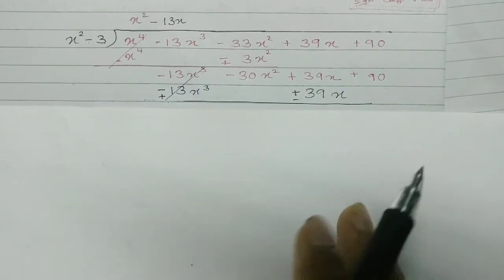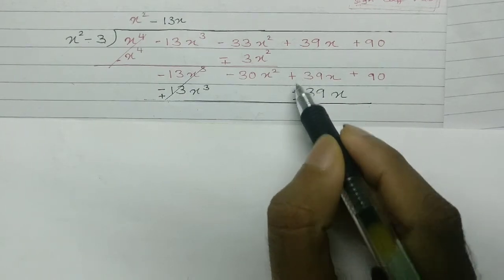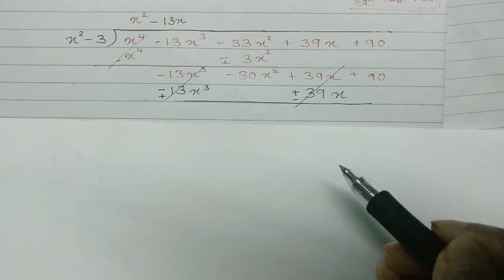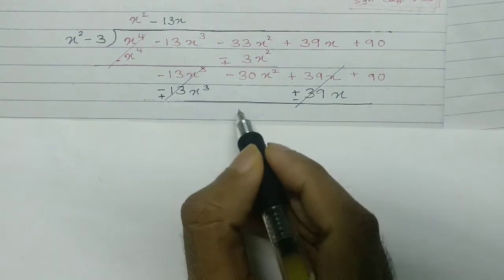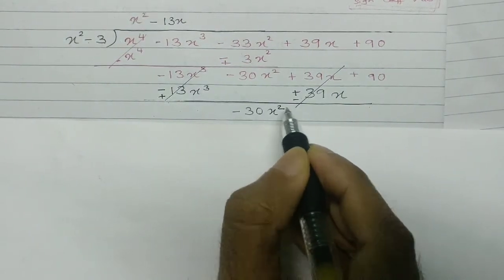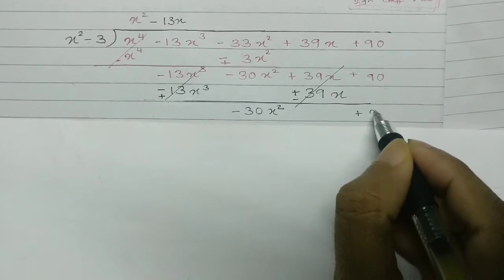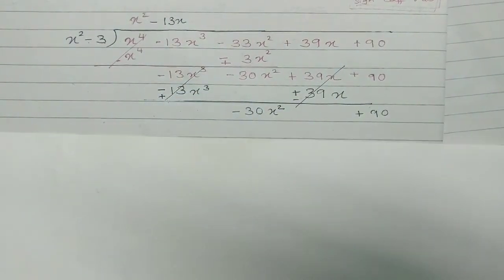This is cancelled. Then I will solve over here. This would become plus 39 and minus 39. So this also becomes 0. Now I will write whatever is left. So this is minus 30x square and plus 90. I've put all these terms down. Okay, we'll go to the next step.